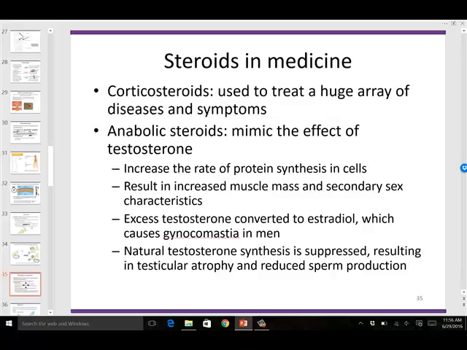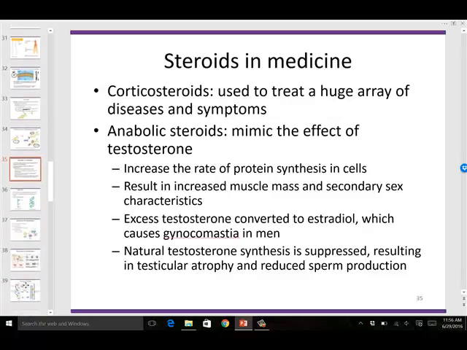And I actually misspelled this. Gynecomastia, also known as man boobs, right? Besides gynecomastia, you can also get some other nasty side effects like testicular atrophy, reduced sperm production, etc. So, don't do steroids, kids.